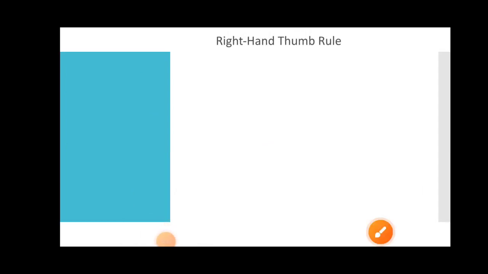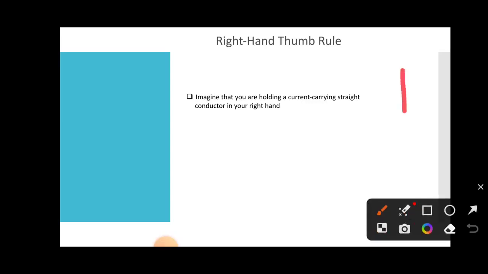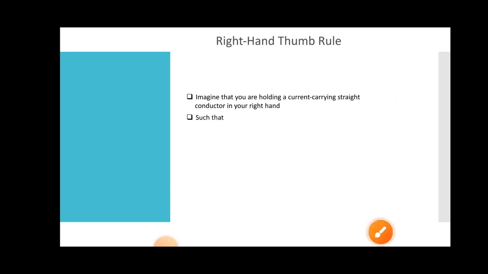Right hand thumb rule. Imagine that you are holding a current carrying straight conductor in your right hand, such that the thumb points toward the direction of the current.